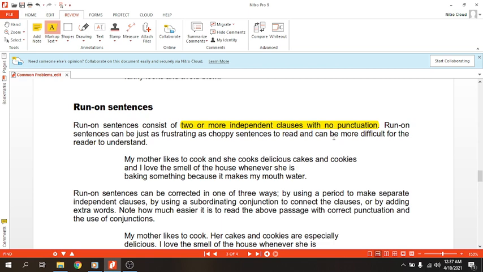You can add comma, you can use, yang pertama, semicolons without conjunction, right? The second one, you add coordinating conjunction like fanboys, but then you have to use comma before the fanboys. Okay.